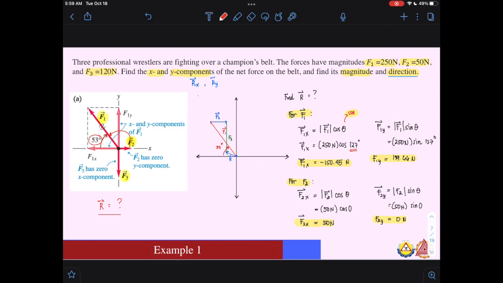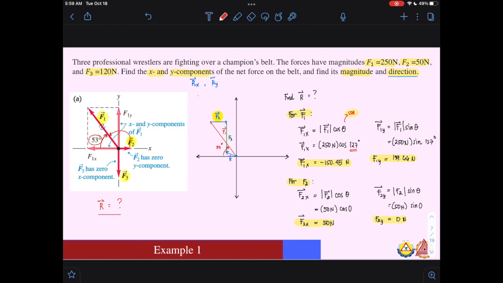Now for F2, this is just a matter of analysis. Take note, F2 is towards the positive x-axis. So sa inyong huna-huna, dapat wala gid mo makuha nga y component ana kay naagid siya sa x-axis, that blue vector. So F2, the cosine of the angle, syempre standard position, that is just 0.